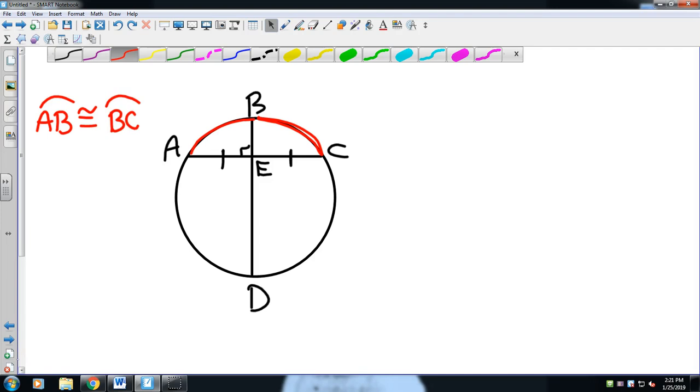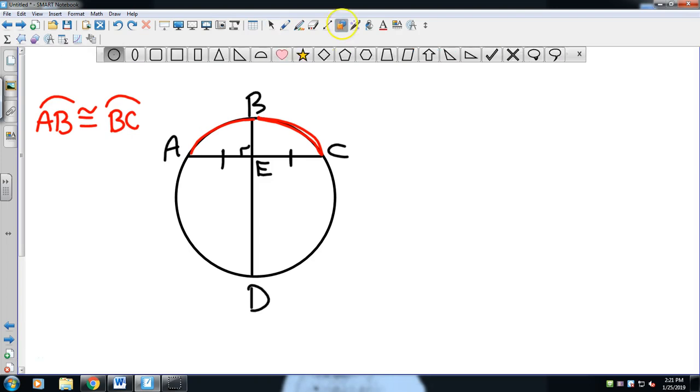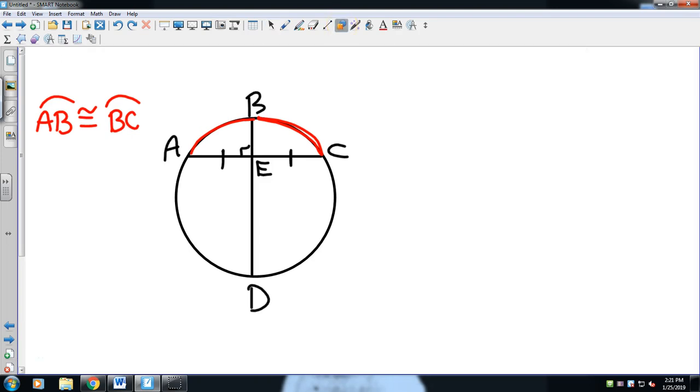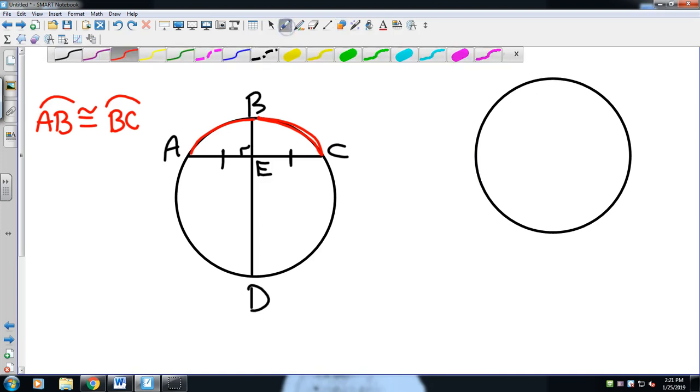Now it's important to know that if those two segments AE and EC are congruent to each other, then that has to go through the diameter, or has to go through the center, excuse me. So the center would be here, and it would be a diameter.